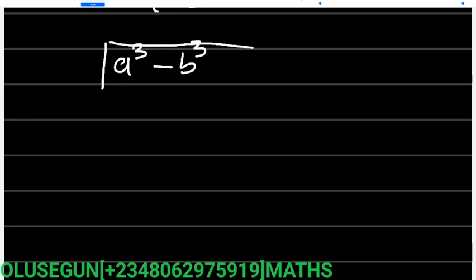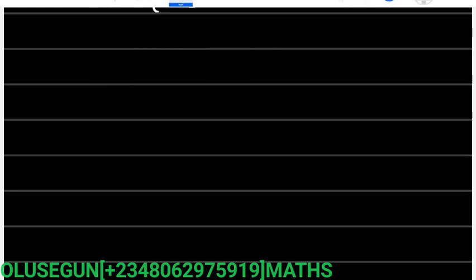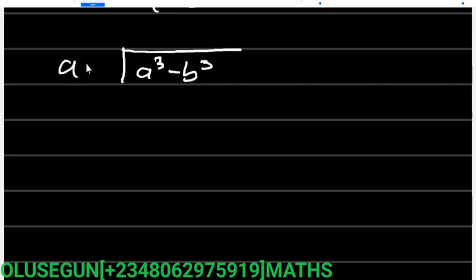So this is, let me draw it again. Yeah. So a raised to power 3 minus b raised to power 3. You want to divide by a minus b.